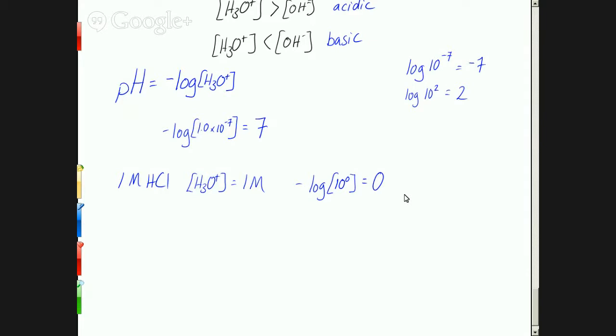So another equation that can help us is that the pH and the pOH added together always equal 14. That is, the negative log of the hydronium concentration added to the negative log of the hydroxide concentration equals 14.